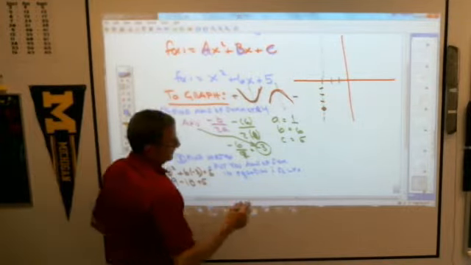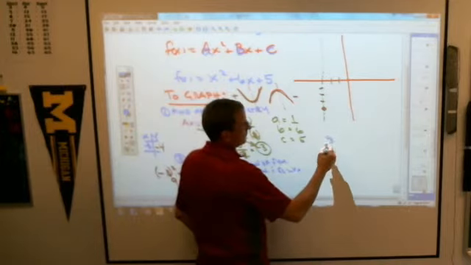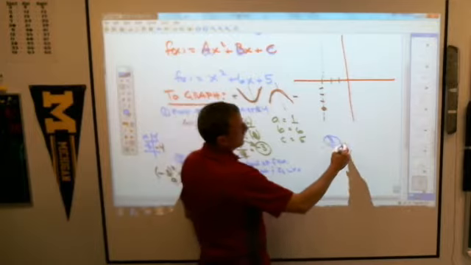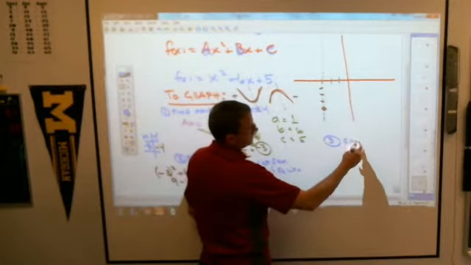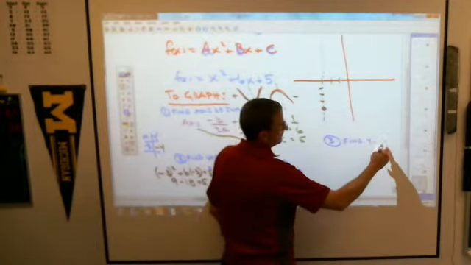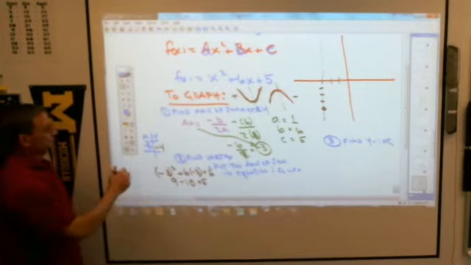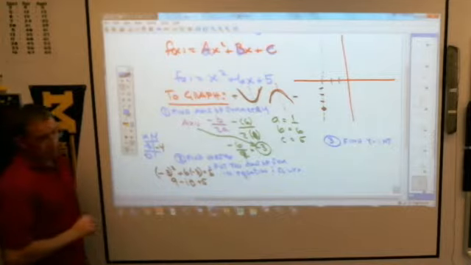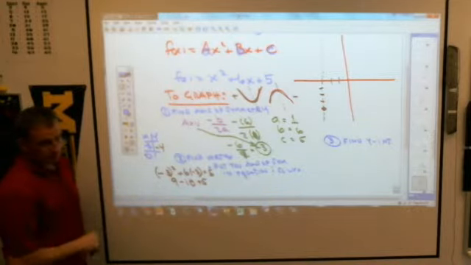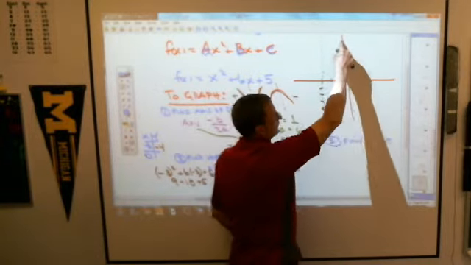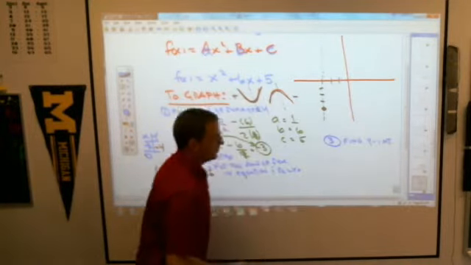Now, here's one good thing you can do. Step number 3. If possible, you can actually find the y-intercept. Anybody know how I can find the y-intercept? The y-intercept is what happens when you put 0 in for x, because that's where x is 0 right here. So whatever value you get for y, it's going to be where it crosses the y-axis.